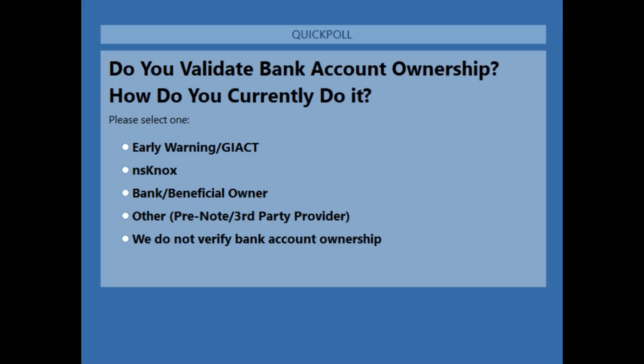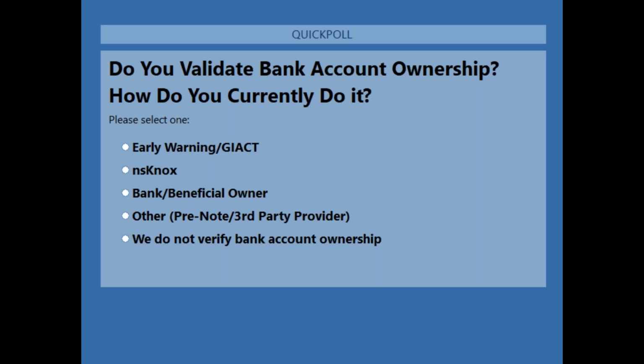So do you validate bank account ownership? And if you do, how do you currently do it? Do you use Early Warning and GIACT, which basically is a database that US banks contribute to, and Early Warning and GIACT is the reseller? They will check against that database.